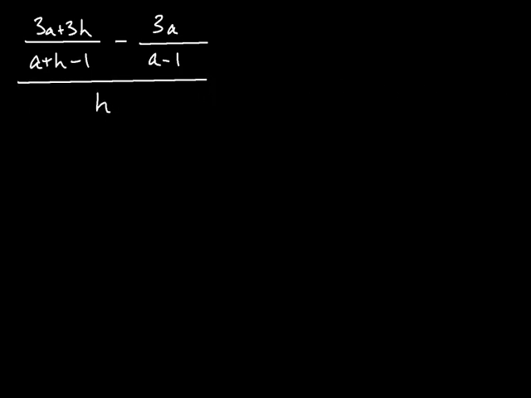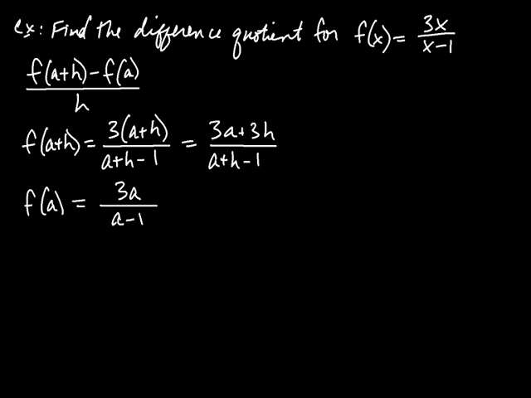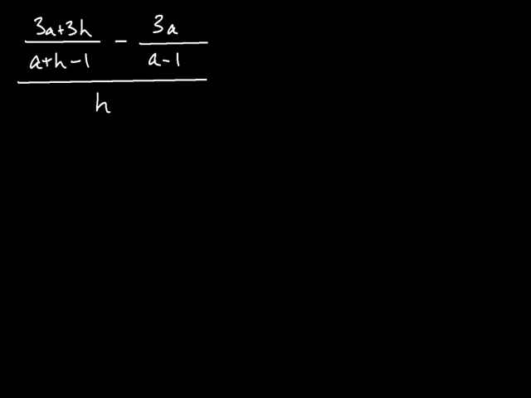Let's just double check this before we go on, because it's going to be a long expression. So 3a plus 3h over a plus h minus 1, and then minus 3a over a minus 1, divided by h. Okay, we're good.